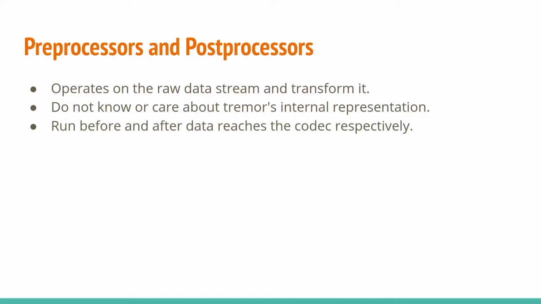For this kind of data handling, Tremor has preprocessors and post-processors. On-ramps can leverage preprocessors to transform the data before codecs are applied, and similarly off-ramps can leverage post-processors to frame the data after codecs are applied. These work on raw data streams and don't care about Tremor's internal representation.